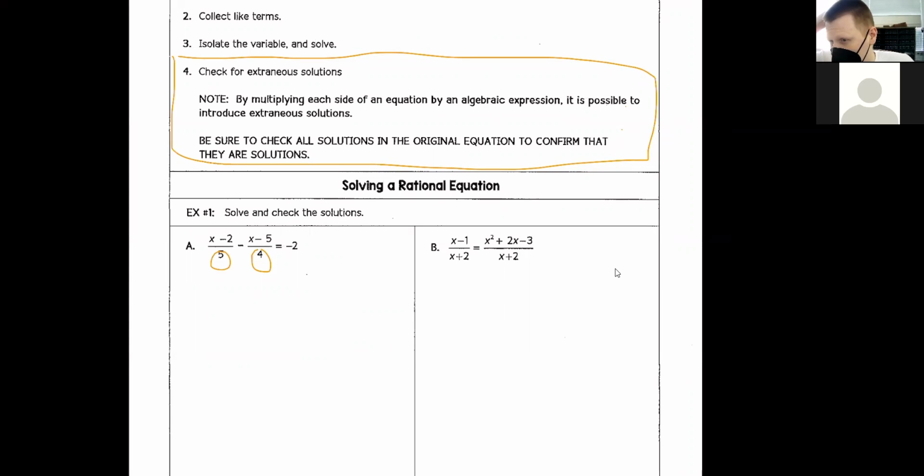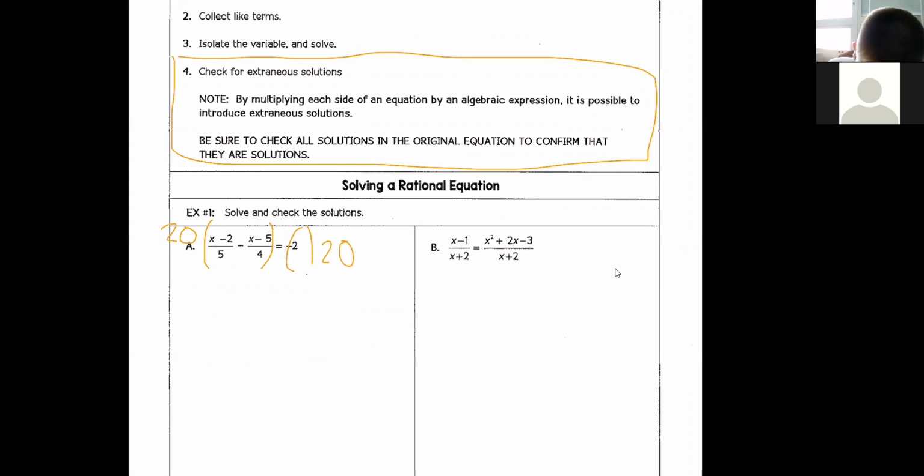Realistically, it's not going to matter. So we're going to multiply both sides of this equation by 20, because this is going to clear our denominator.